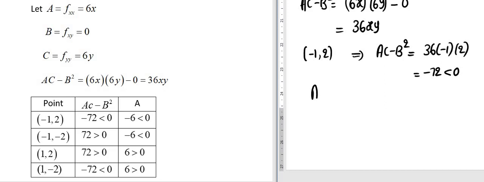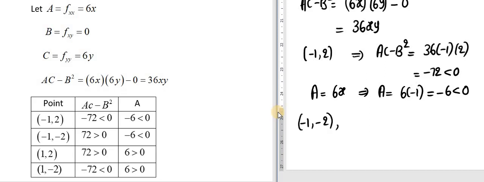A value is 6x. That means A equal to 6 into minus 1. That is minus 6 is less than 0. So first of all I am writing all values. After that we will discuss. Minus 1, minus 2. At this critical point, AC minus B square value is 36 into minus 1 into minus 2.